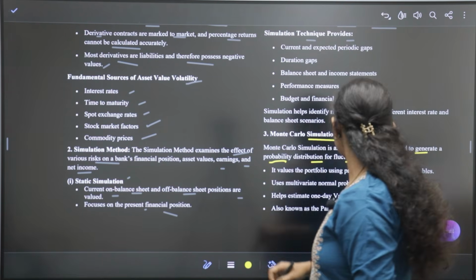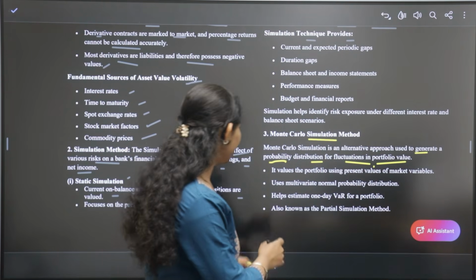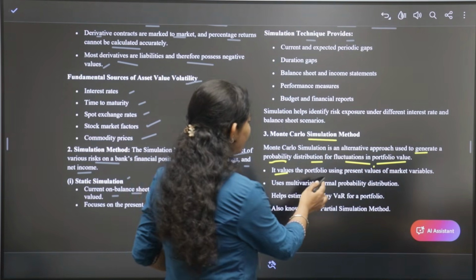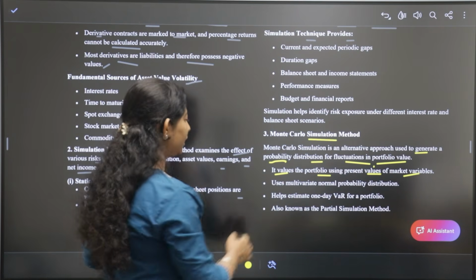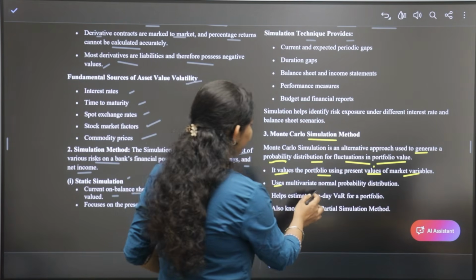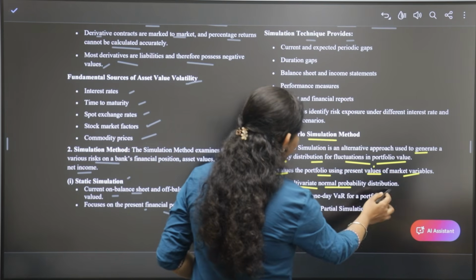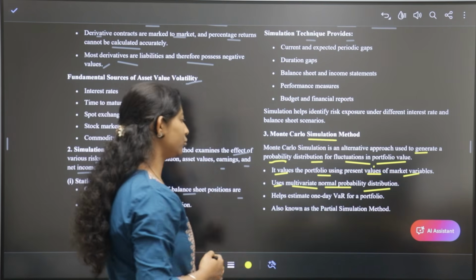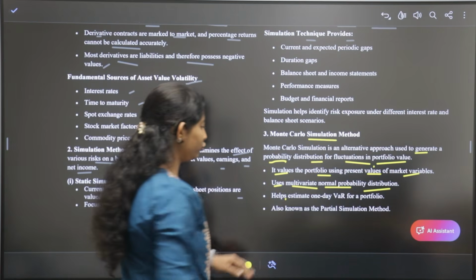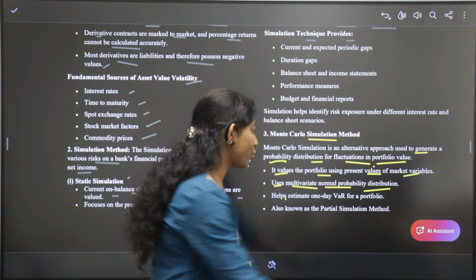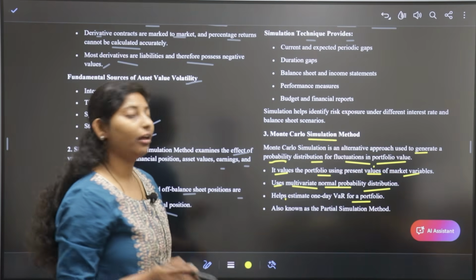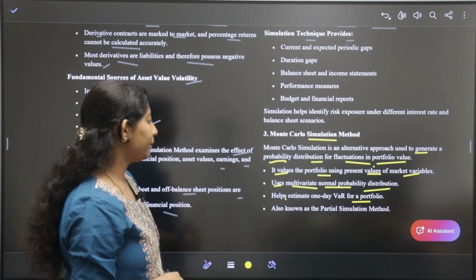Next, it values the portfolio using percentage value and market variables. It uses a multivariate normal probability distribution, and there will also be a normal probability distribution, which helps estimate the one day VaR for the portfolio.